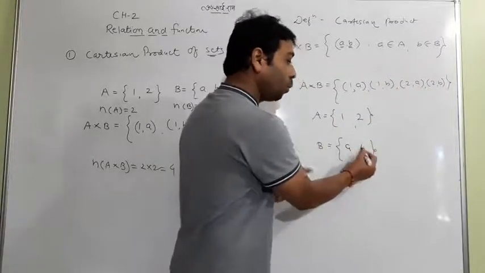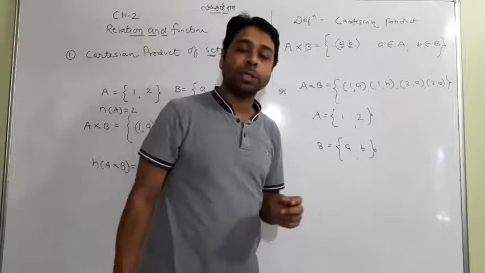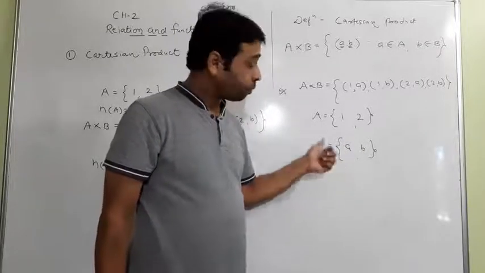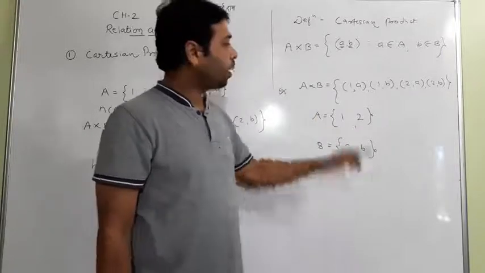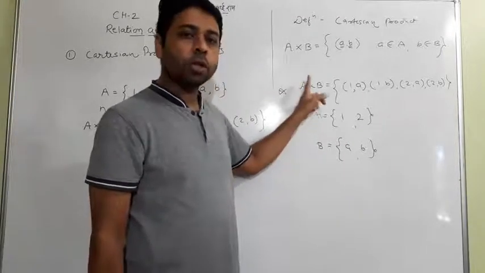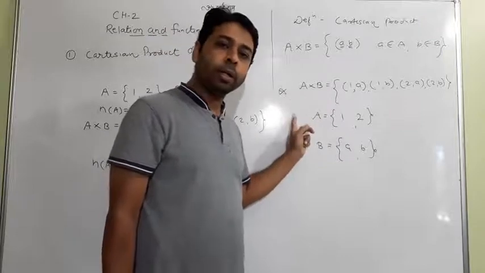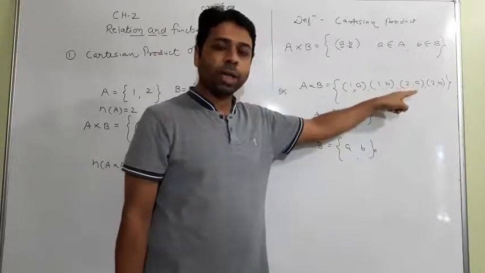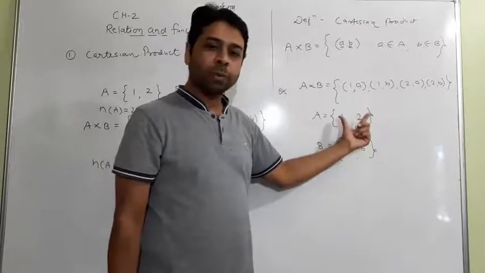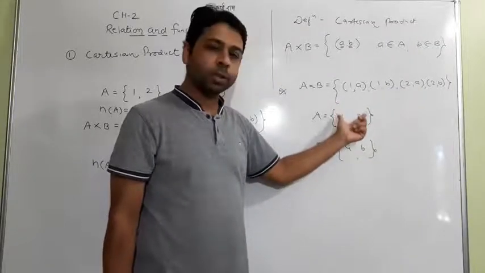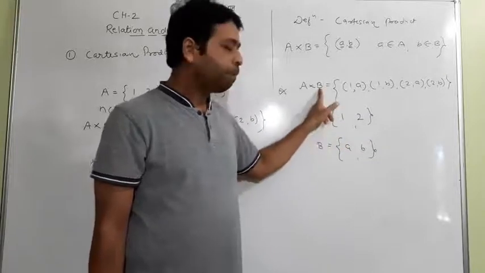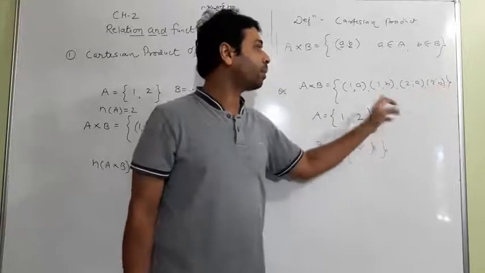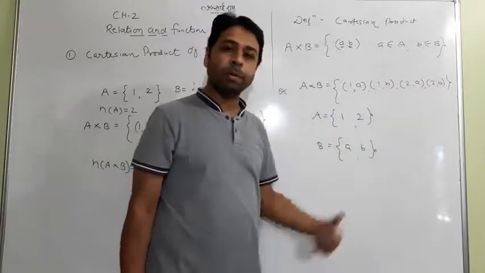You can't write a twice or b twice, because that is the property of a set. This is the concept where you are given A cross B and told to find individual A and B: search the first elements and make the set with them, that gives A. And capital B will be the set of the second elements, a, b. So a, b will be the answer.